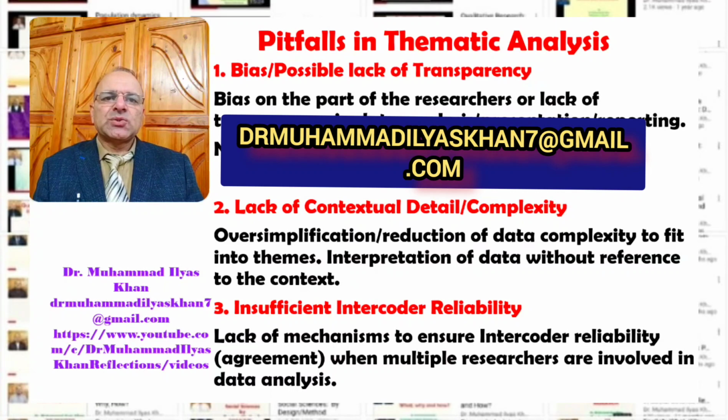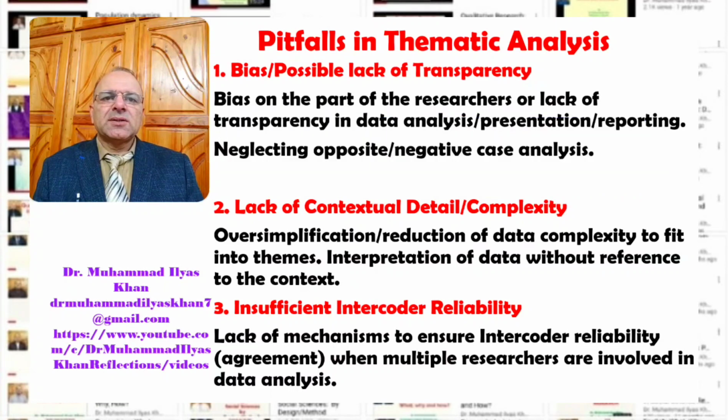That can lead to insufficient intercoder reliability, and as a result to misrepresentation or misinterpretation of the data, and a lack of coherence in the themes across data interpreted by different researchers. This is another pitfall that we need to avoid.